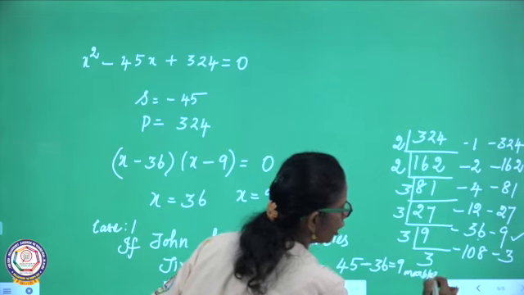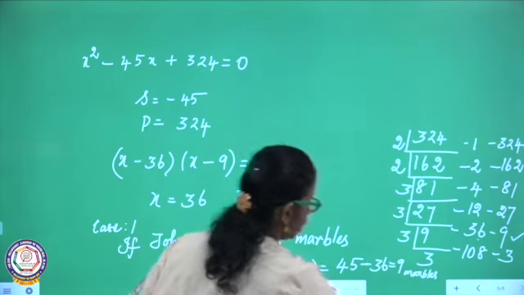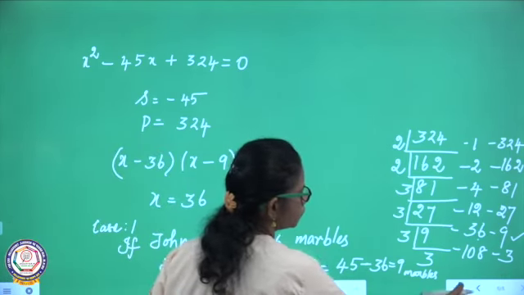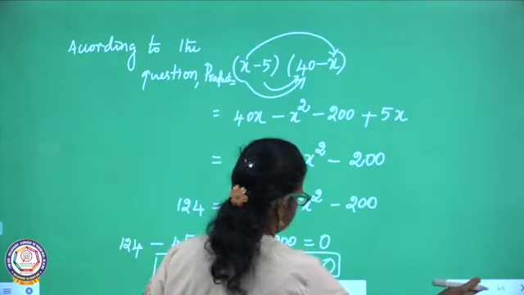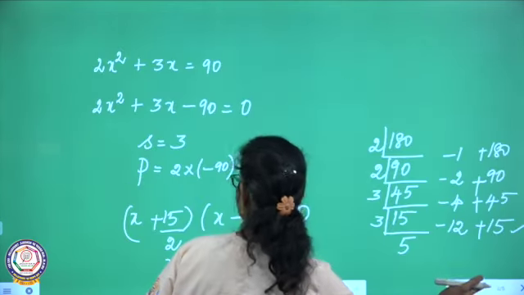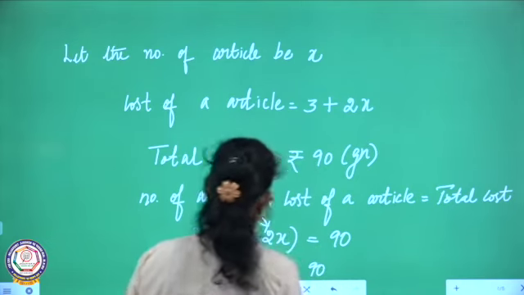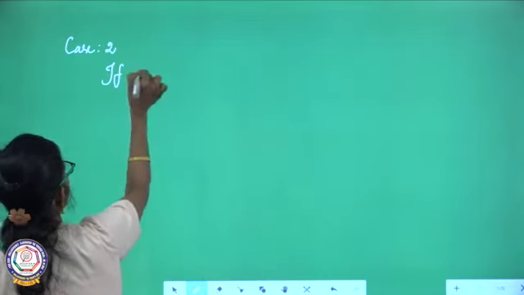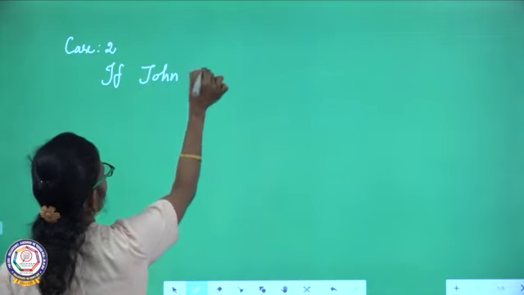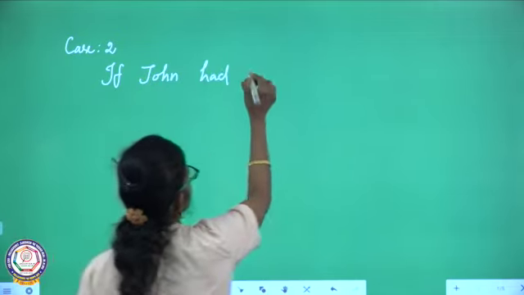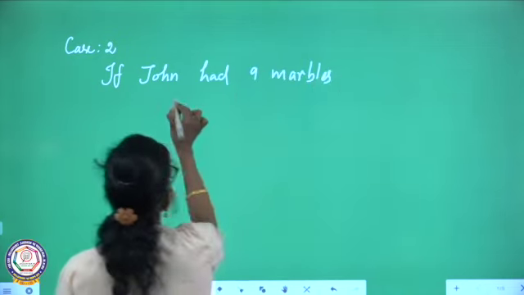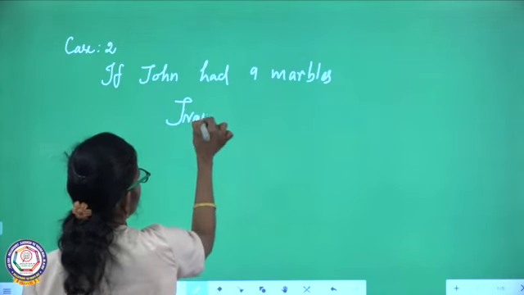Next, case 2: if John had 9 marbles, Jivanti had how many?